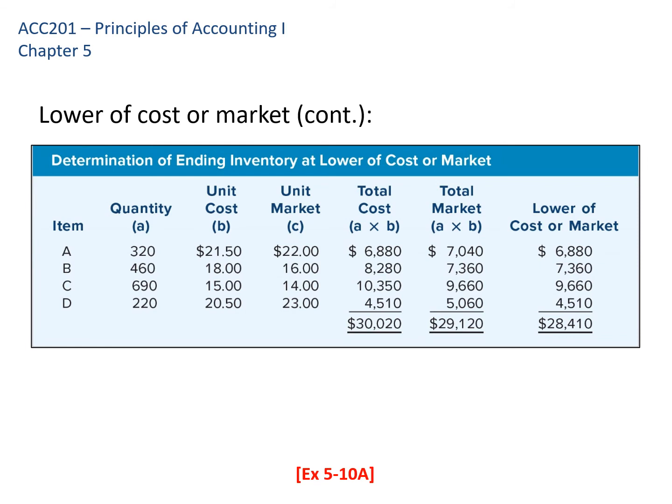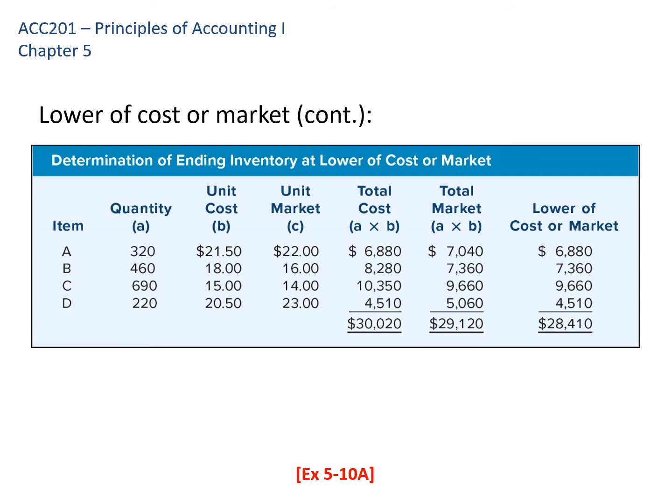So in the first case, the cost is lower. In the second case, the market value is lower, so I choose that figure, which is also the case with C. And then in D, the cost is lower. So in this case here, I would look at what the total cost is and what the lower of cost or market is if I was doing it on an item by item basis, and I would write the inventory down from 30,020 down to 28,410.